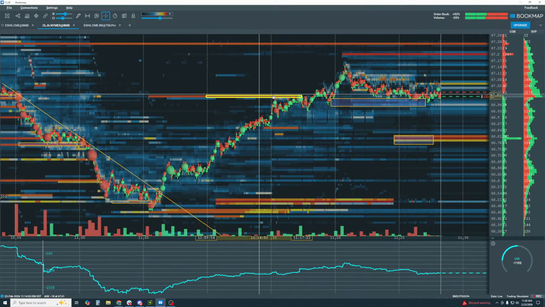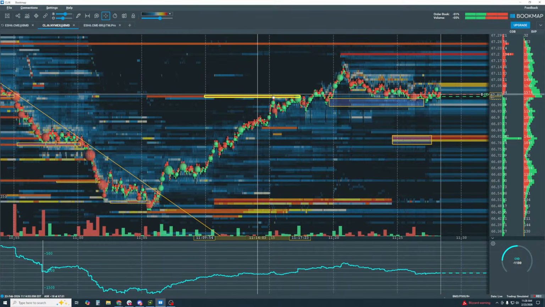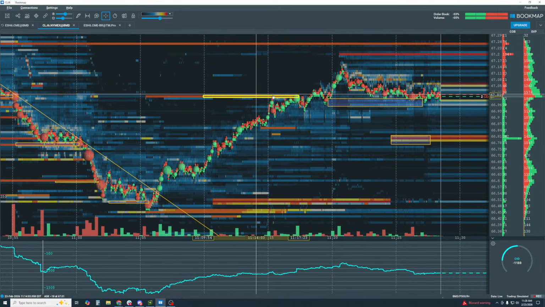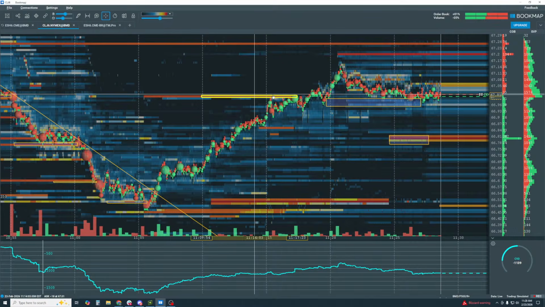But the next step is to learn how to trail your stop. After you start to build some confidence in the setup, when you know what you're looking for, you know how to manage it, and you know the ins and outs of it, build that confidence. It's immensely important.